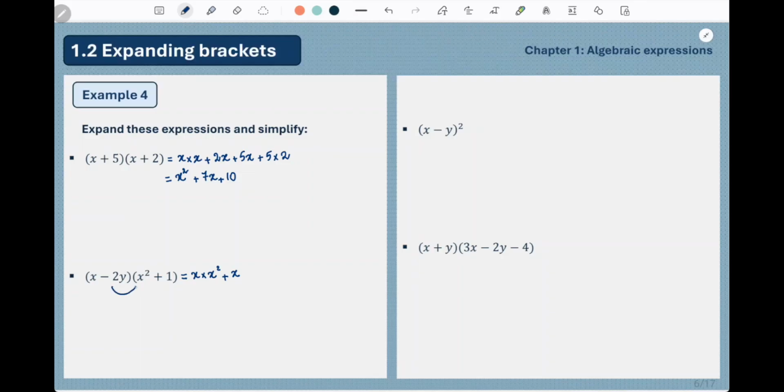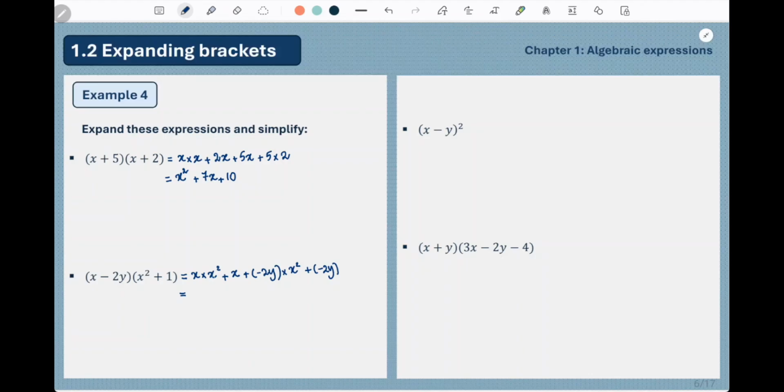And then I'm going to move on to the second term, which is minus 2y. I take it as a whole, plus minus 2y. I'll keep it between brackets so it doesn't confuse the sign, times x squared, and then minus 2y times 1, which is simply minus 2y.